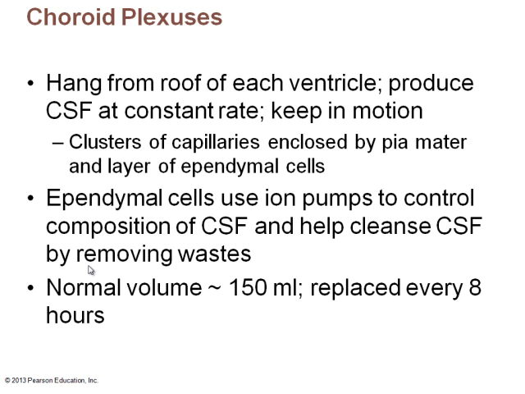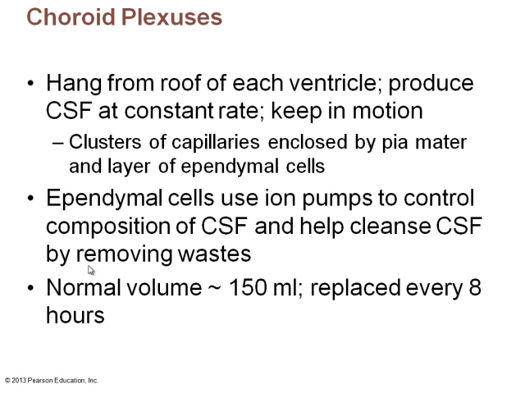Makes sense, right? Where are we getting the materials to make our cerebrospinal fluid from? The circulatory system. So it's what we call an ultrafiltrate of blood plasma. If we have to get rid of waste, where are we going to get rid of it to? Circulatory system as well.